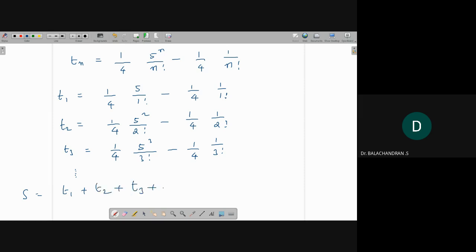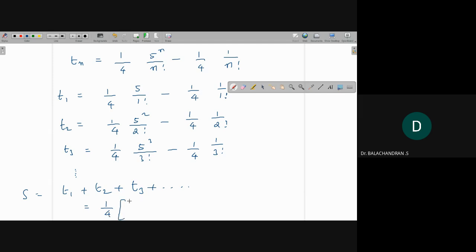If you add vertically, 1 by 4 is common: 5 by 1 factorial plus 5 square by 2 factorial plus 5 cube by 3 factorial and so on.